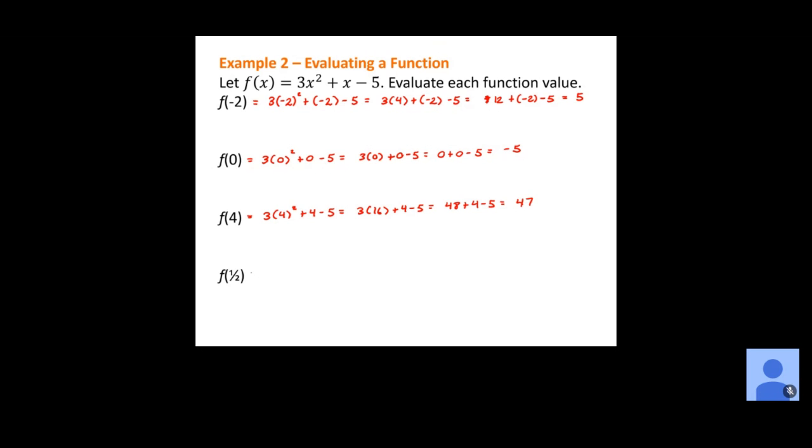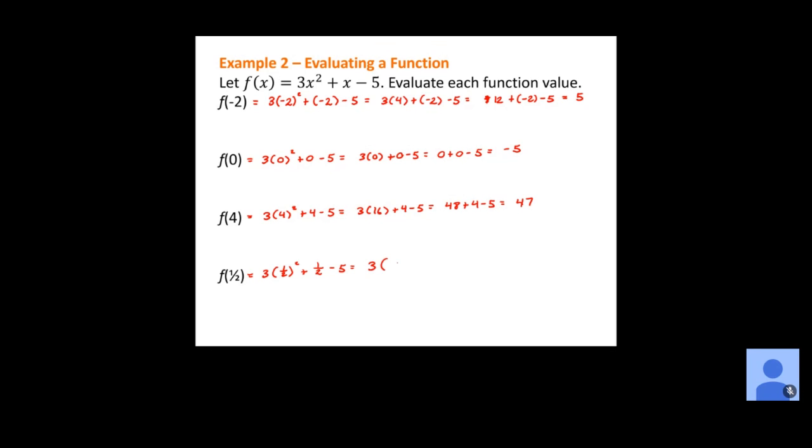All right, and then our last one here, now we have a fraction. So 3 times 1/2 squared plus 1/2 minus 5. All right, so if we go through order of operations, what's 1/2 squared? 1/4.